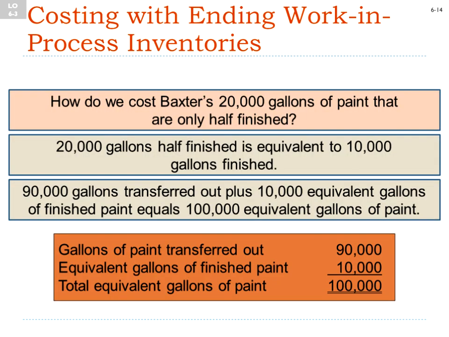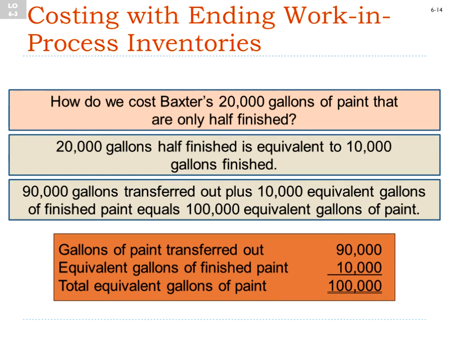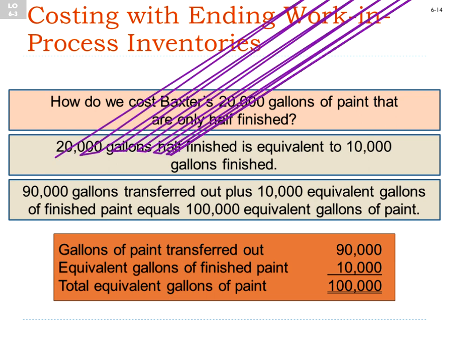So this slide just shows what we just talked about. We have 20,000 gallons of paint that are partially complete. So we're going to convert these 20,000 half gallons.